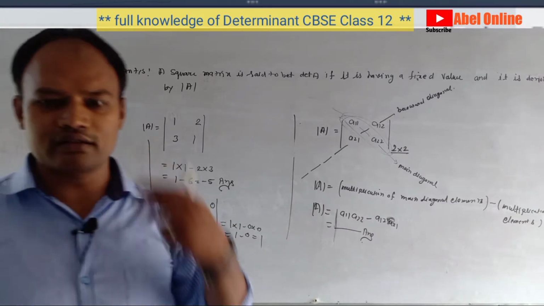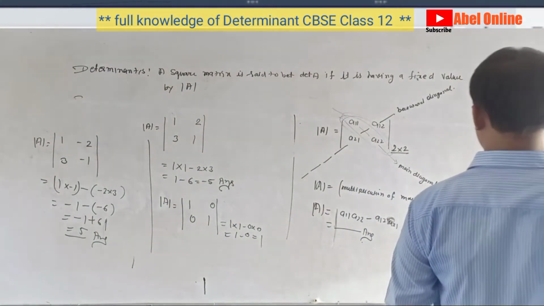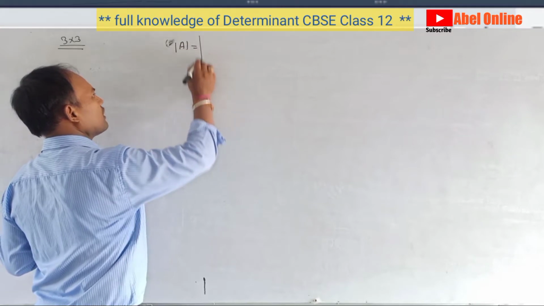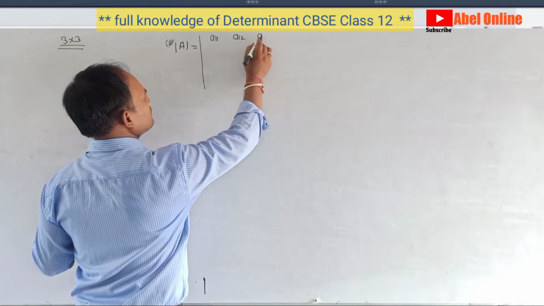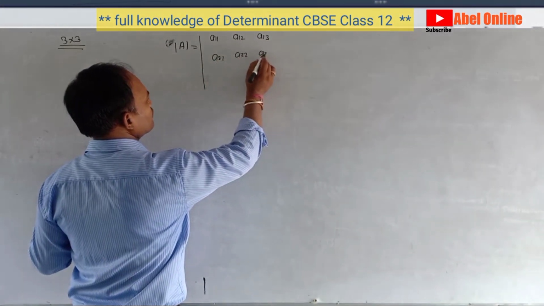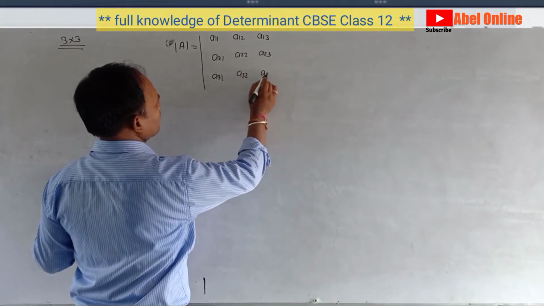Now the question arises, sir, this is simple for 2 cross 2. It is easy also to find 3 cross 3. Determinant of A is equal to, suppose the elements we have taken are A11, A12, A13, A21, A22, A23, A31, A32, A33.